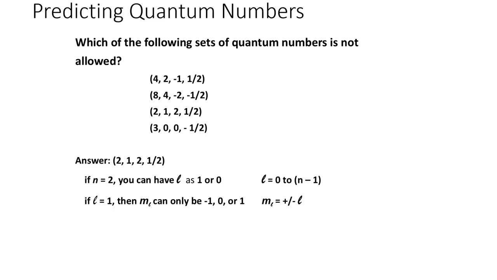However, if L is 1, then m sub L can only go from -1 to 0 to 1. In other words, from minus L to plus L, meaning m sub L cannot be 2 as it is in this example. Therefore, the set of quantum numbers with n equals 2, L equals 1, m sub L equals 2, and m sub S equals 1/2 is not valid.